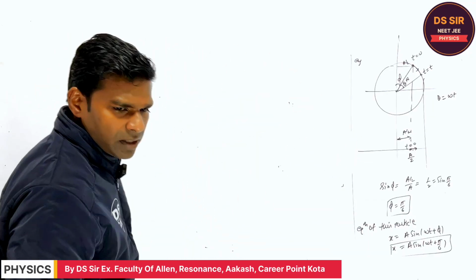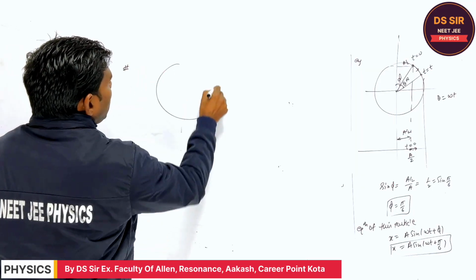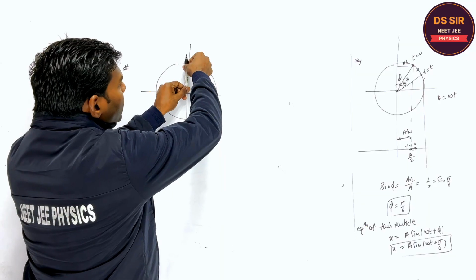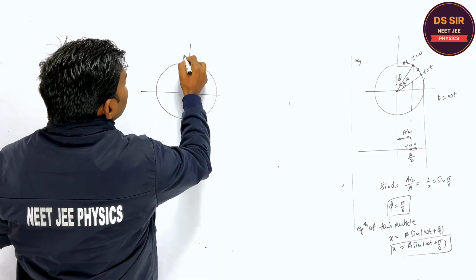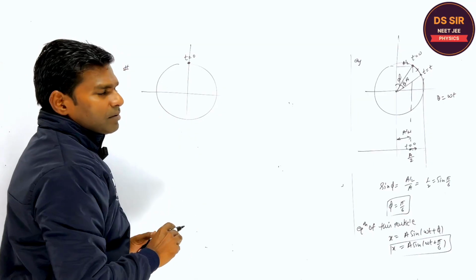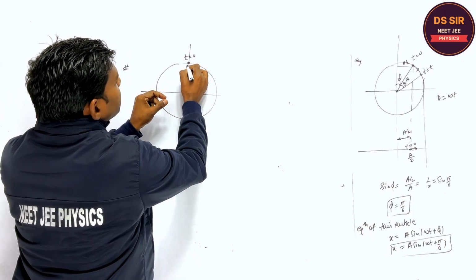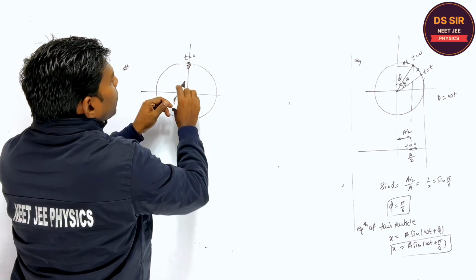For example, listen one thing. You tell me, if the particle starts its motion, what is the phase? The angle made by this vertical line in clockwise direction is called the phase. You tell me, if particle is over there at t is equal to 0, so what is the phase? What is the phase at this point? Tell me. Say 0.